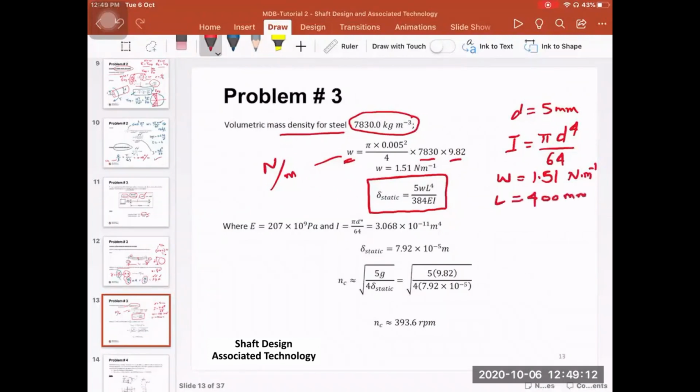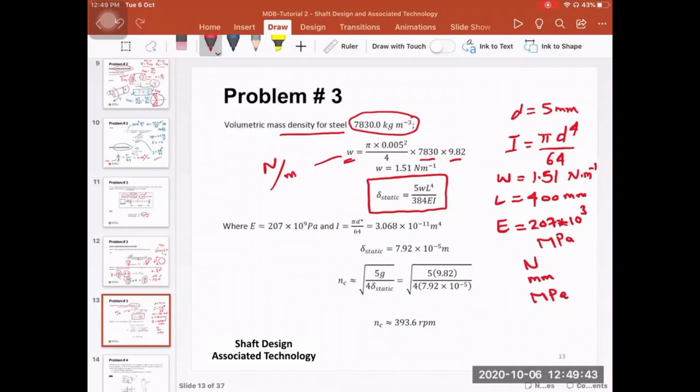And then the elastic modulus is 207 for steel times 10 to the power. It depends on how you are going to use this. 10 to the power 3, for example, this will give you megapascal. So again, you can just simply substitute everything in Newton, millimeter, megapascal, and then eventually you will get delta static in millimeter. Okay.